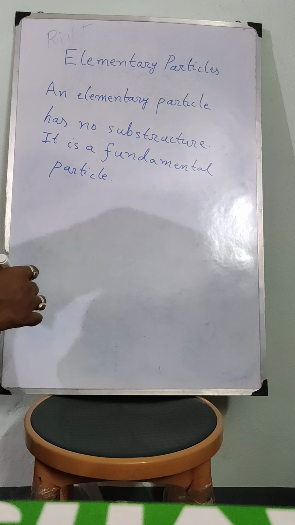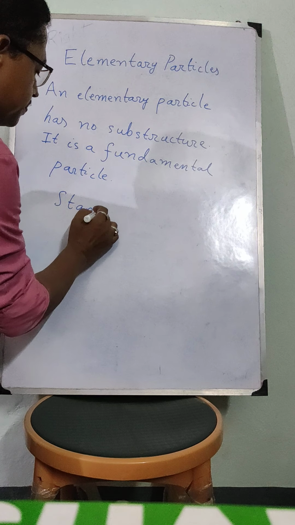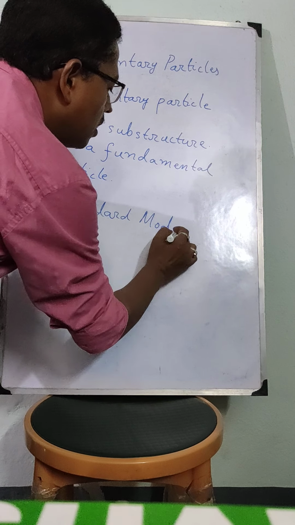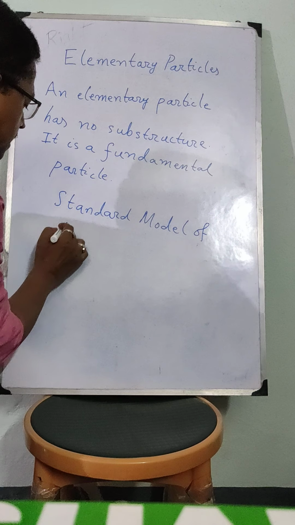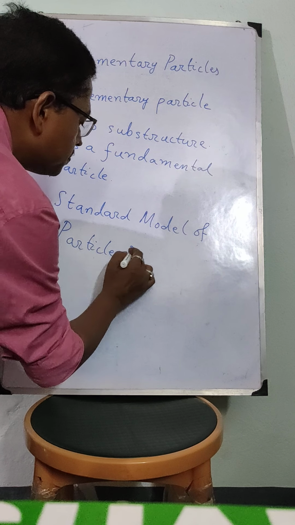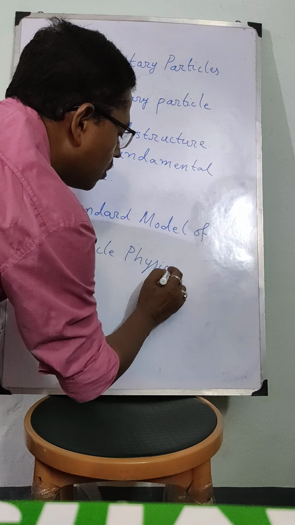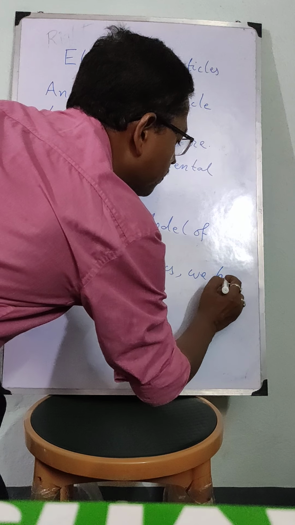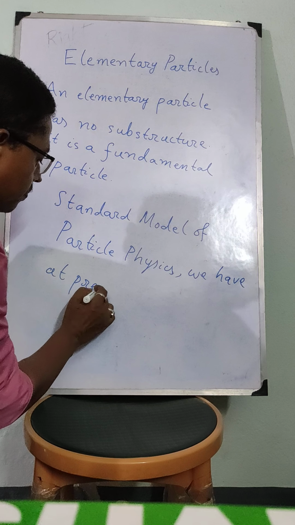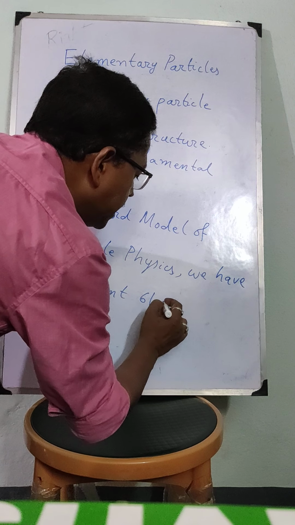So, now according to the standard model of particle physics, we have at present sixty-one elementary particles.